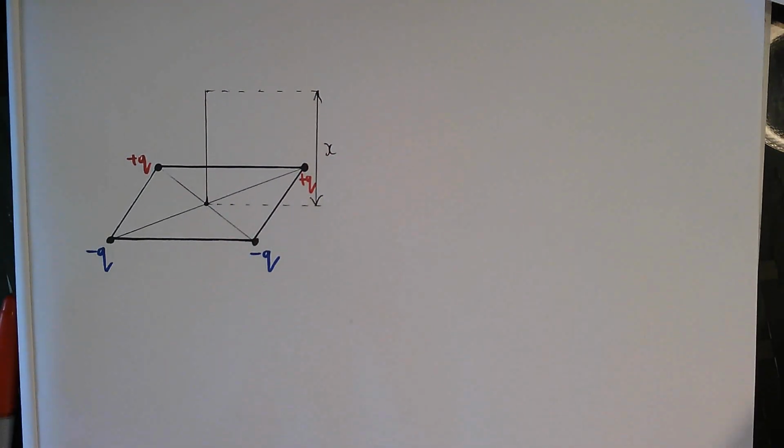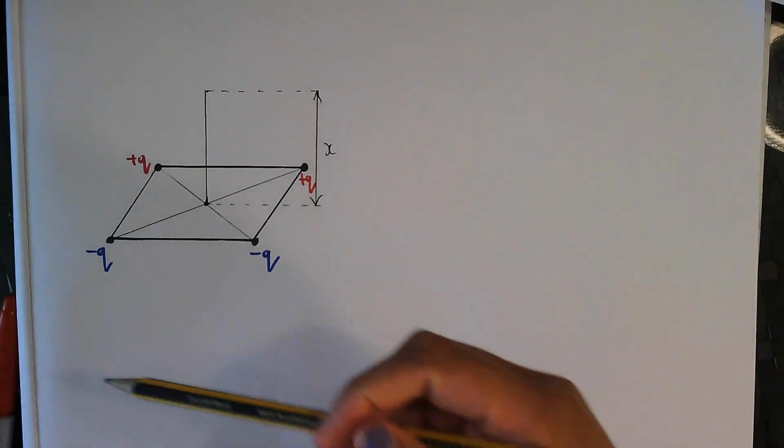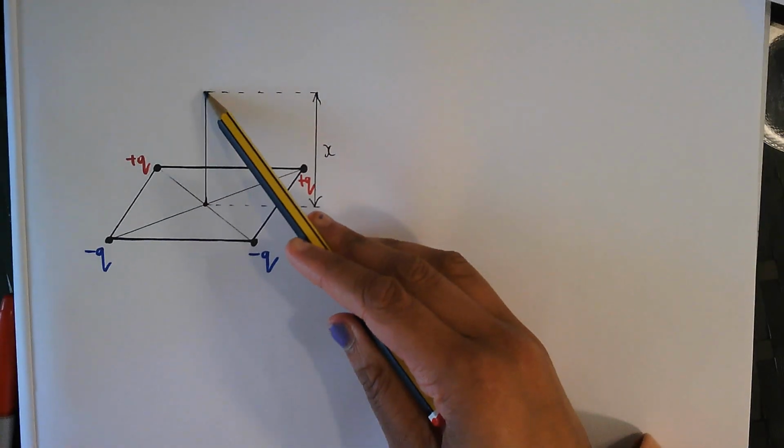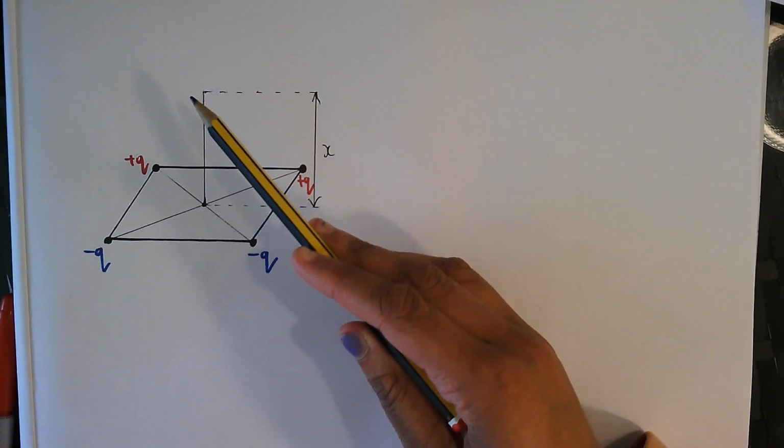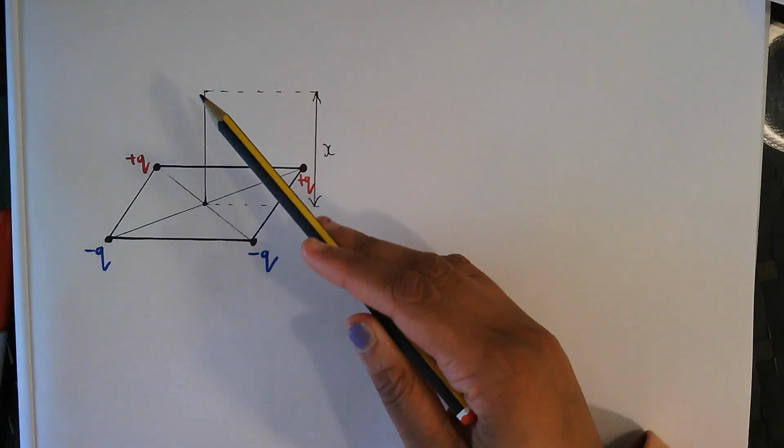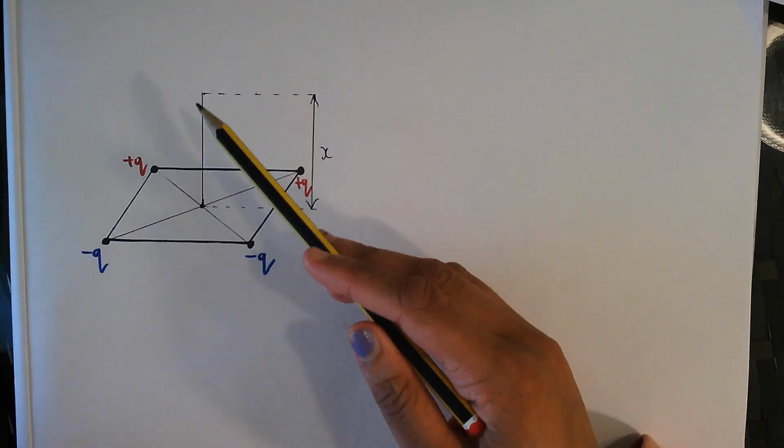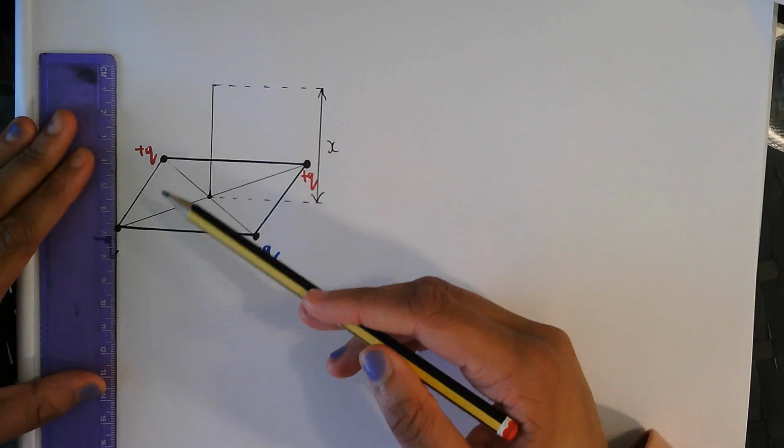Okay, so what I'm also going to draw on is the plane that is coming from the point where I need to calculate the electric field strength from. So I'll just draw that on.